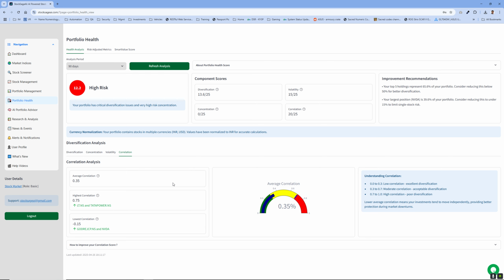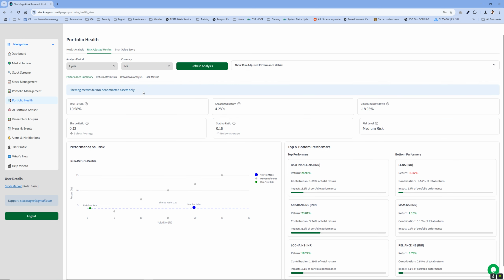Now moving to the next tab, which is risk adjusted matrix. What it does is give you an overview of how much you are investing in certain stocks in your portfolio which might give you risk free returns.